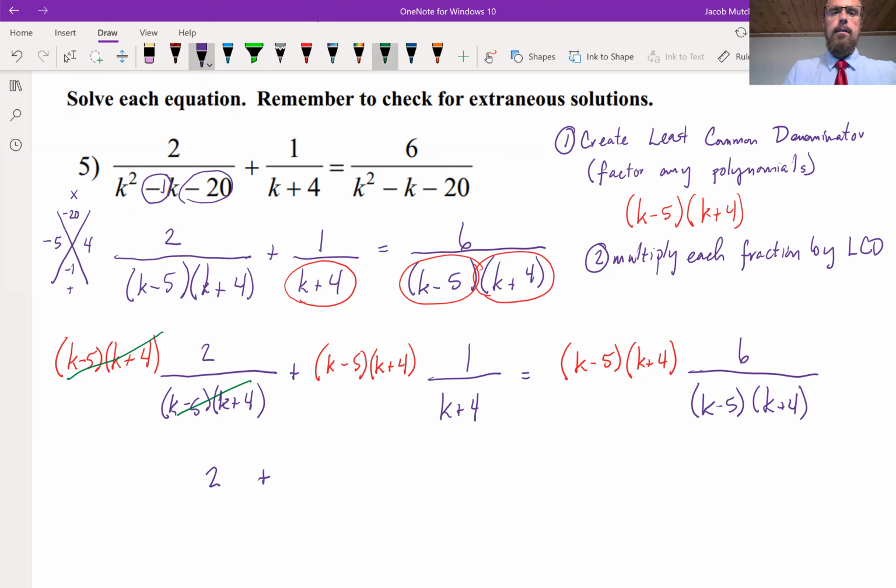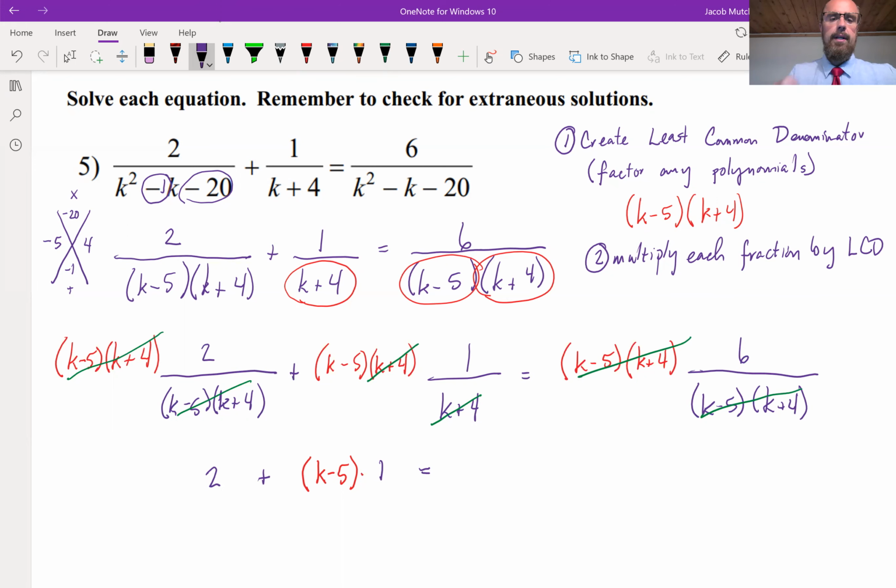From my second fraction, I notice that only one of these factors is going to cancel, k plus 4. So what emerges from that fraction is the one factor from my LCD, k minus 5 times the numerator 1. And then for my final fraction on the right side of the equal sign, again, I see that I have identical two factors above and below.